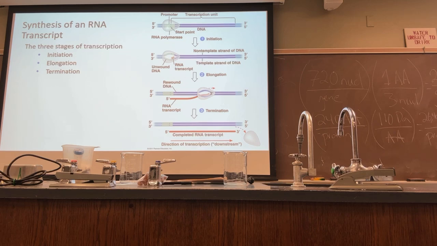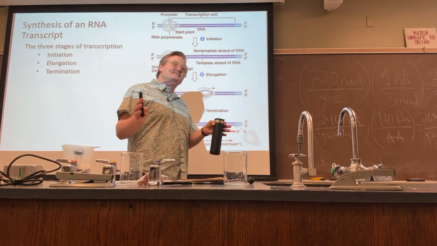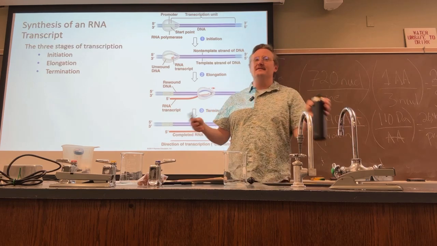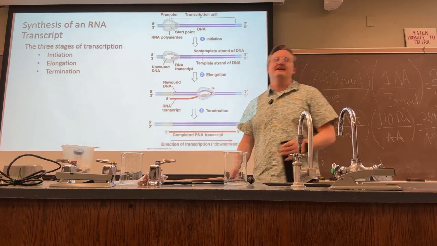Now, RNA polymerase binding to the promoter is facilitated. This is a way that regulation can happen. If you allow RNA polymerase to bind, then you get the RNA. If you don't allow it to bind, you don't get the RNA. If you get the RNA, you can get the protein. If you don't get the RNA, you don't get the protein.